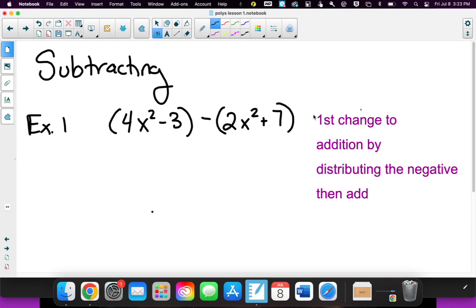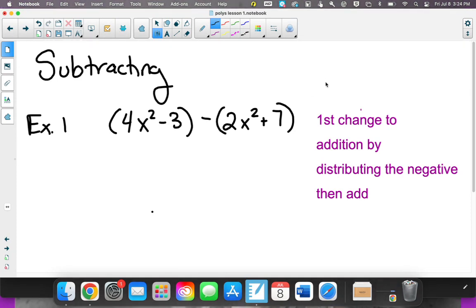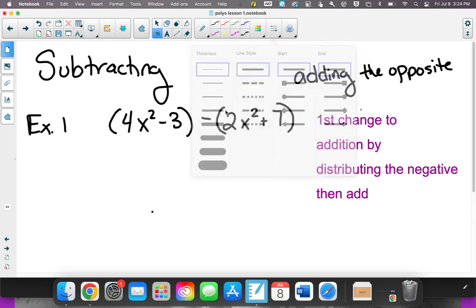I know sometimes in middle school they said keep, change, but basically what you're doing is you're changing the subtraction to addition, and then you are going to change all of the signs after it. So you're either distributing, multiplying basically by the negative, because that could be thought of as a -1, or you are adding the opposite. So you have to change all the signs that come after the subtraction sign that you've changed.